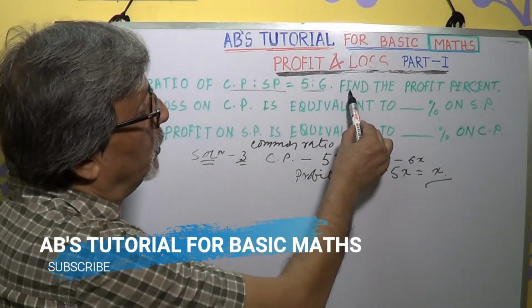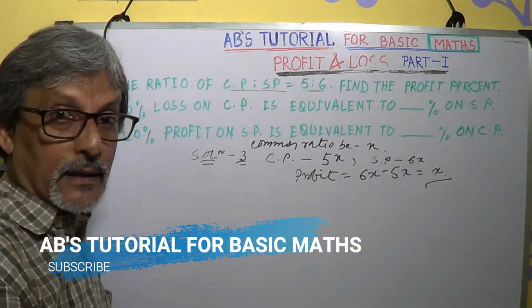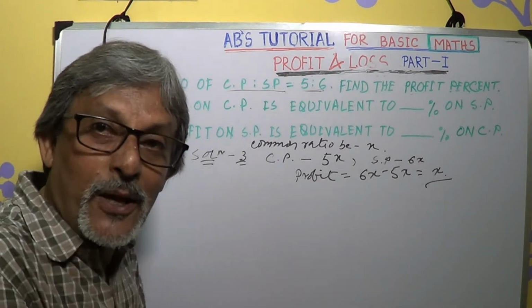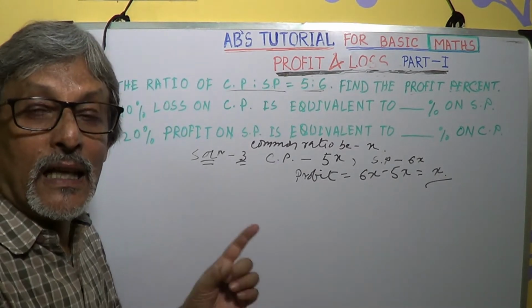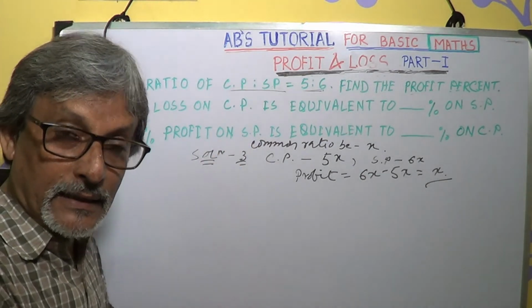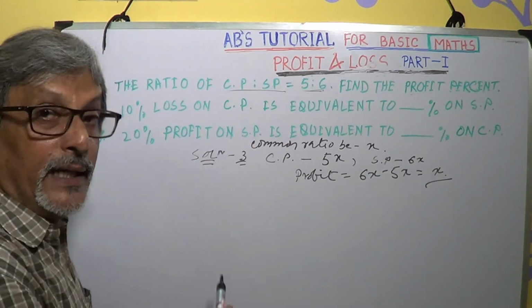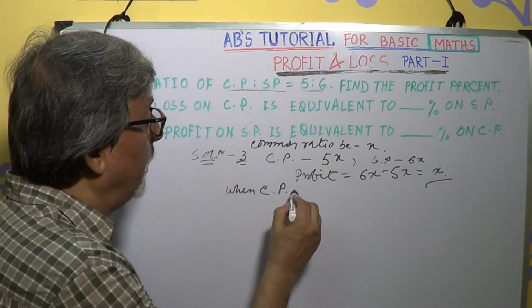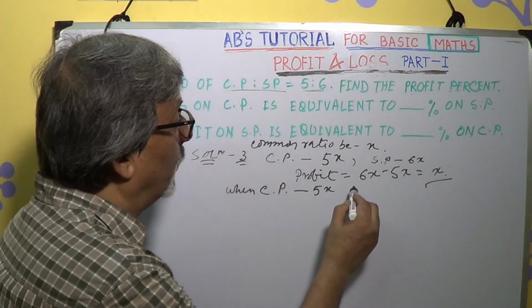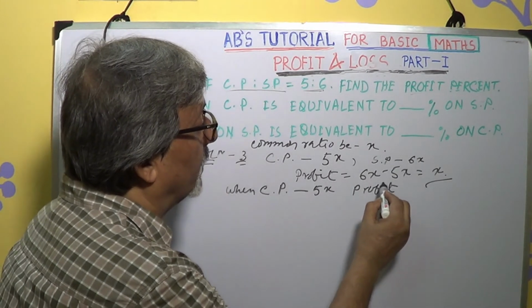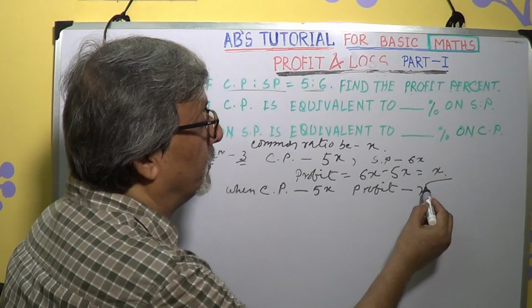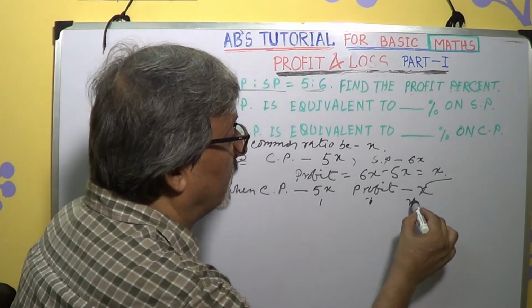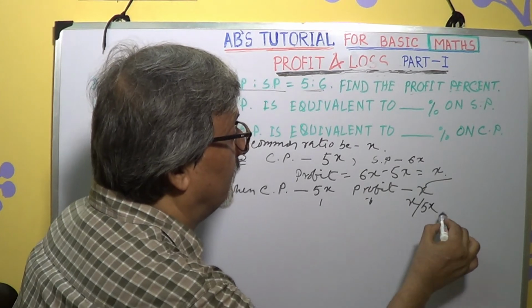And what we should do, we have to find out the profit percent. The profit percent means on what? The concept lies on cost price. So we write that if the cost price be 5X, profit becomes X. And if it is 1, this becomes X by 5X.